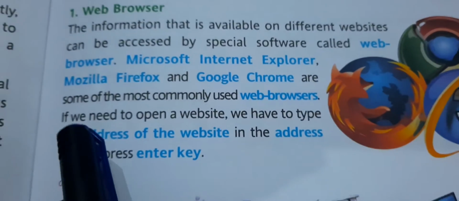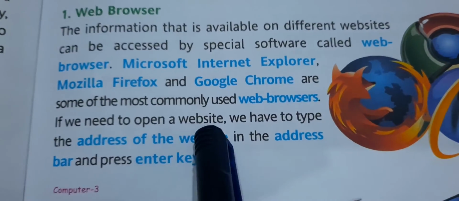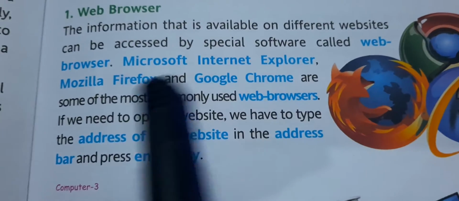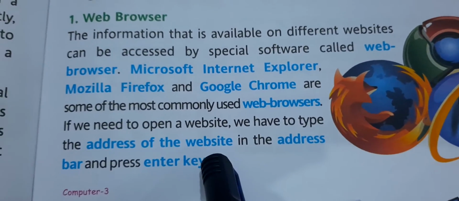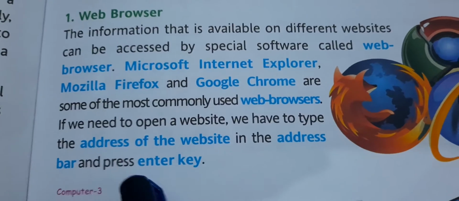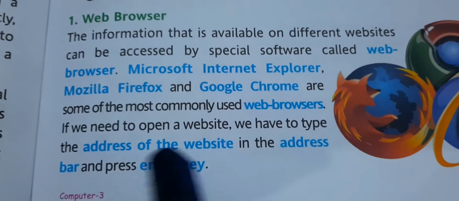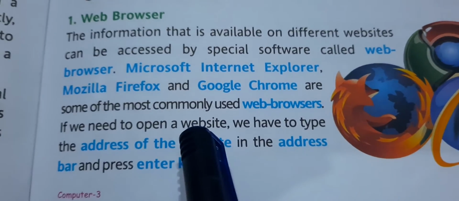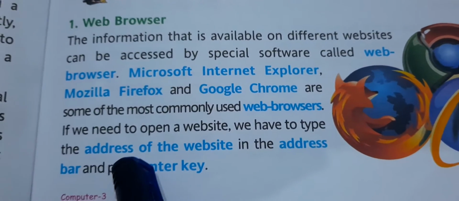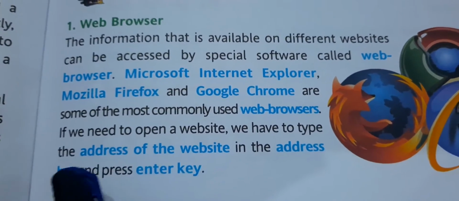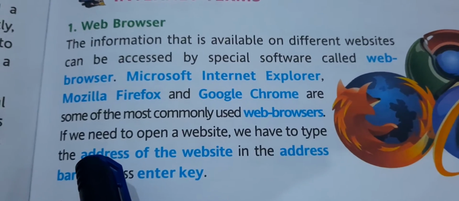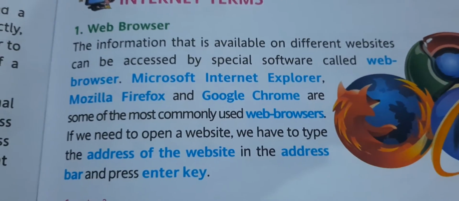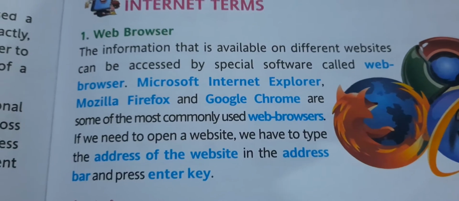Fine, children. Now, if we need to open a website, we have to type the address of the website in the address bar and press enter key. When you open this web browser, there will be a bar at the top. In that you need to write the address of the website. Let's take the example of a website.